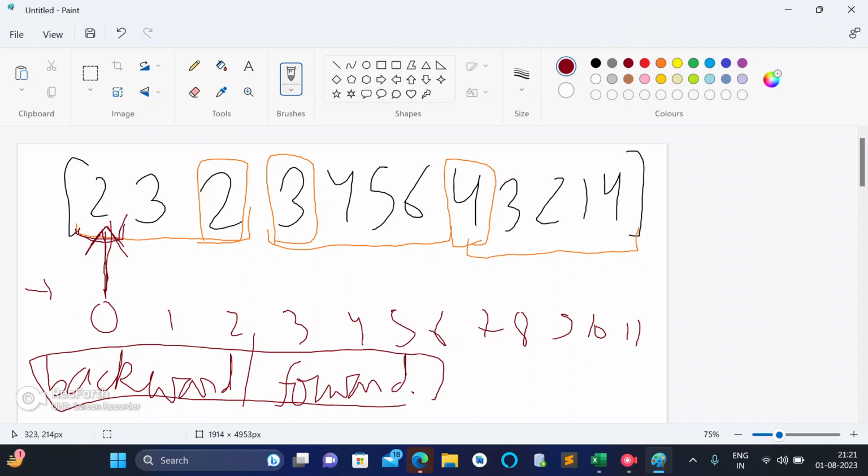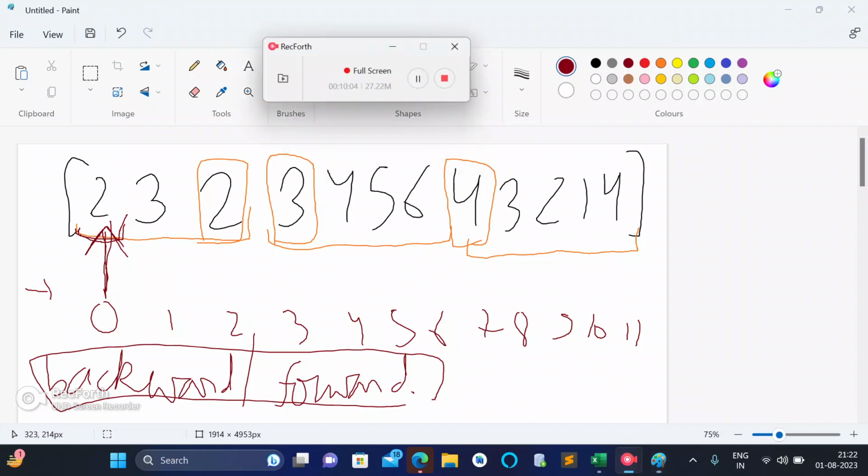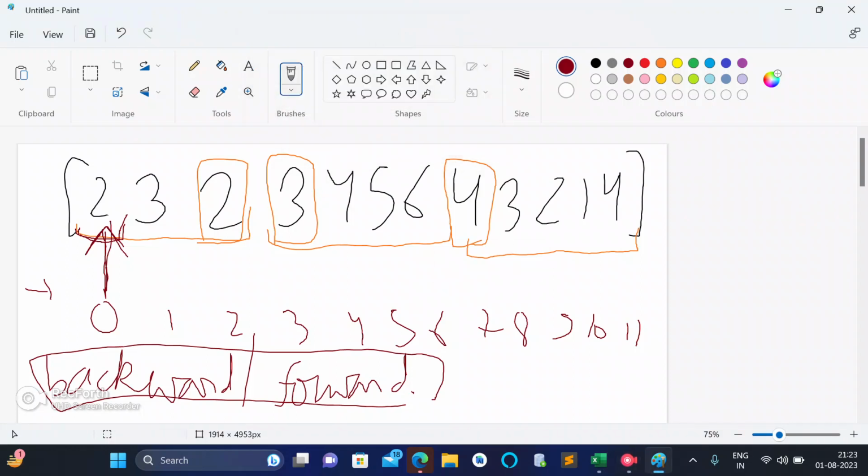So I will first look backward. Are there 2 or more than 2 elements present? I will say no, there are no 2 or more than 2 elements present backward. So I will say it fails the backward analysis.